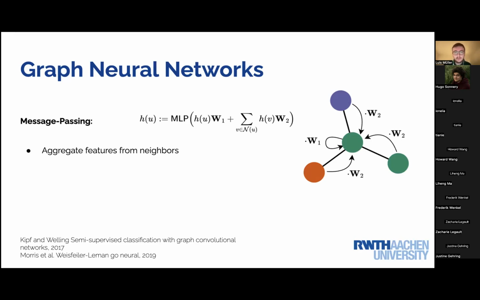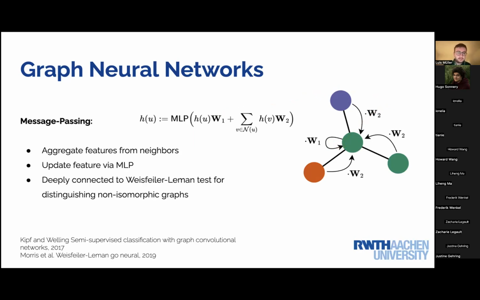As I said, features are aggregated from neighbors, and of course, importantly, from oneself, the node itself, and then updated. This kind of message passing is deeply connected to the Weisfeiler-Lehman test for distinguishing non-isomorphic graphs, in case you've heard of this.